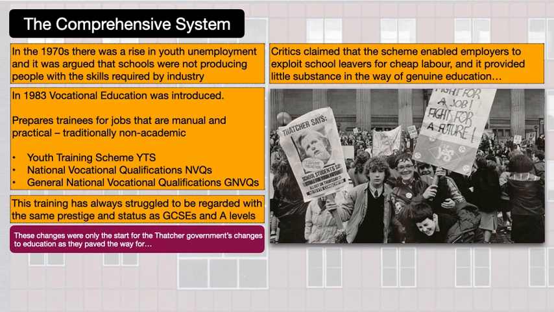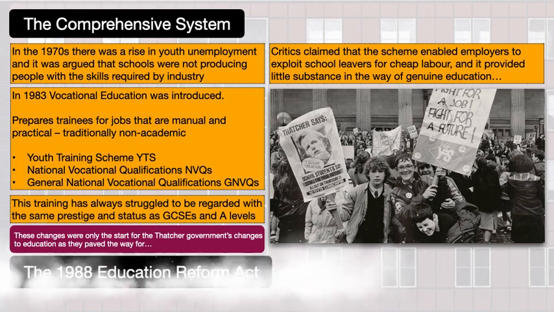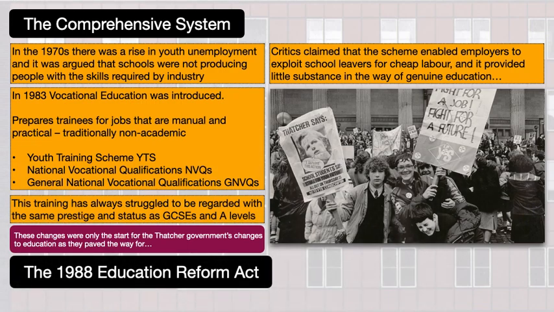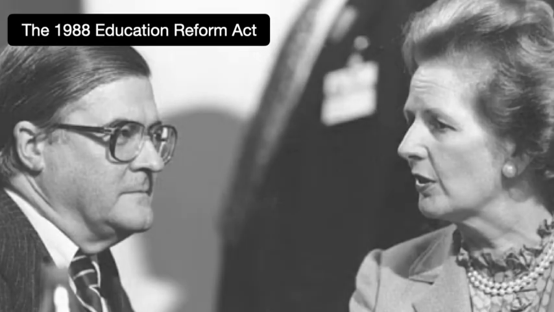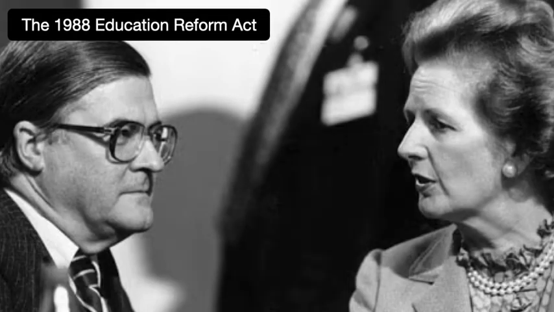But these changes were only the start for the Thatcher government, who arrived in 1979, and their changes to education paved the way for what became known as the 1988 Education Reform Act. And the architects of this were Education Secretary, there on the left, Kenneth Baker, and the Prime Minister of the time, Margaret Thatcher, pictured on the right.